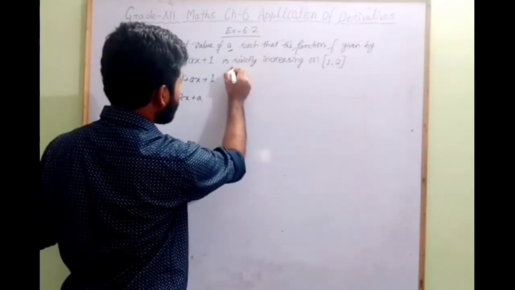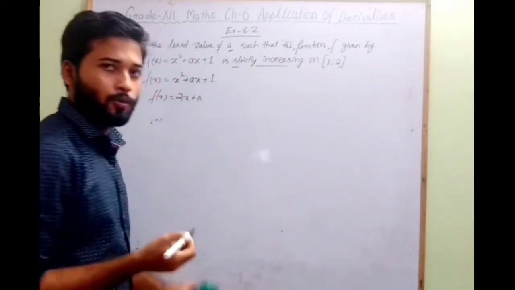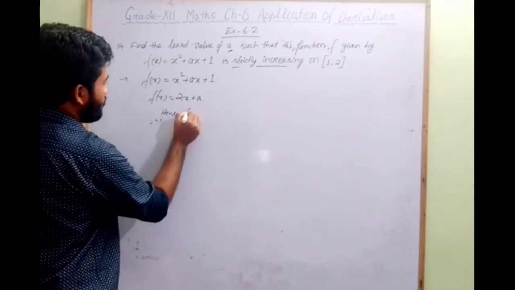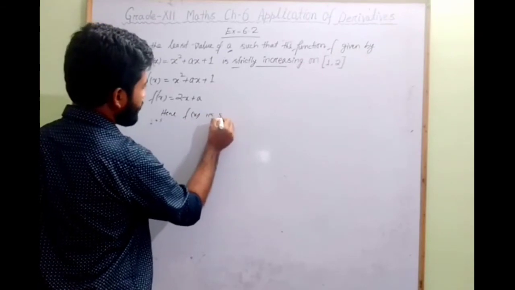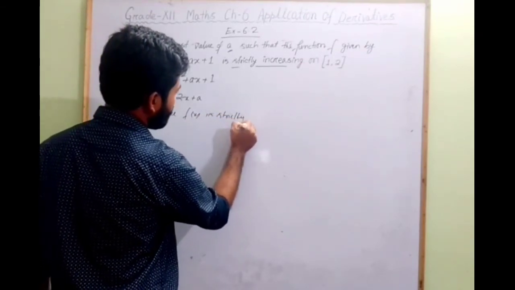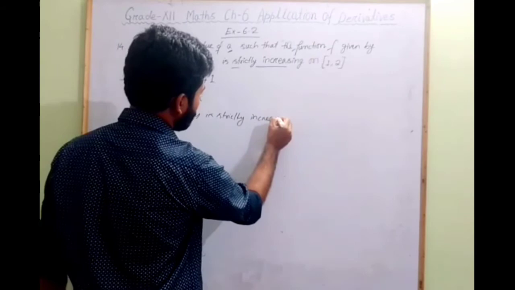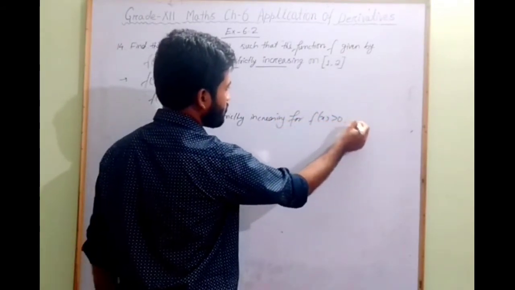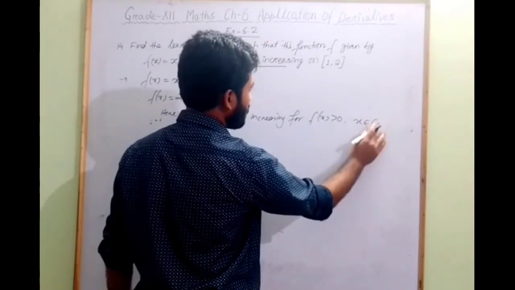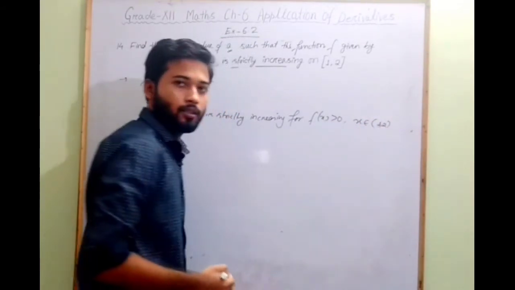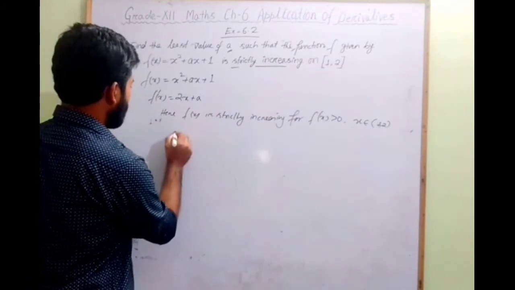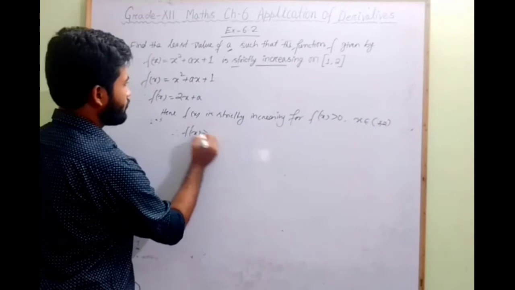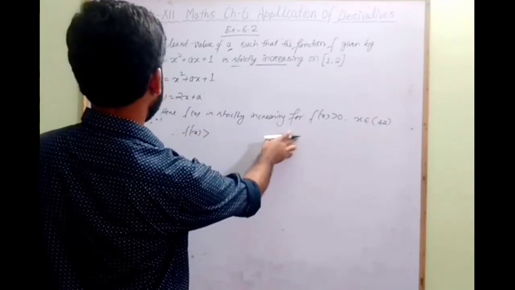Fine. Now here given is that the function is strictly increasing. So when a function is strictly increasing, f(x) is strictly increasing for f dash x greater than 0 whenever x belongs to the open interval (1, 2). Therefore f dash x greater than 0.